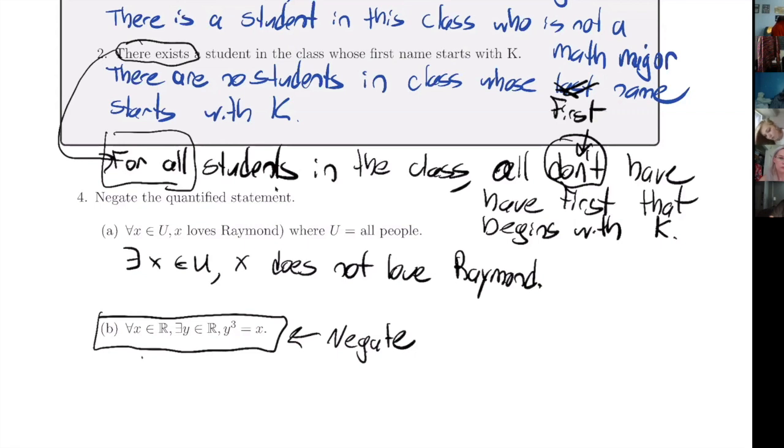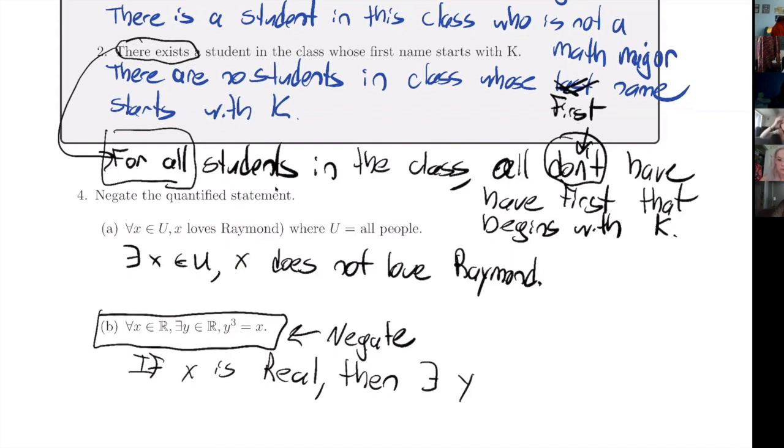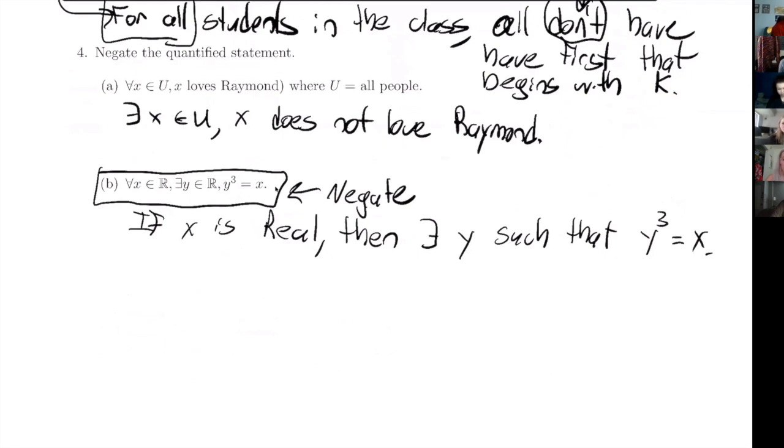Yeah, so we can state this as: if X is real, then there exists Y such that Y cubed is equal to X. There are different ways that we might want to think about this, but when we want to negate something, we're just saying what would make that original statement false.